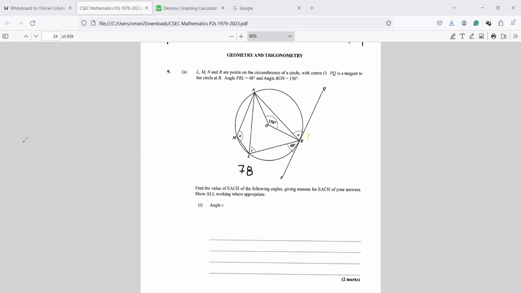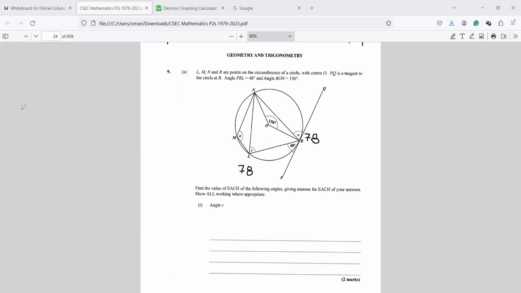Let's put back the 78 right there, and move back to the third part of the question, which asked us to determine angle A. Whenever it comes to circle theorem questions, you always have to look at the angle that they're giving you to find, and then think about what shape that angle is in, right?